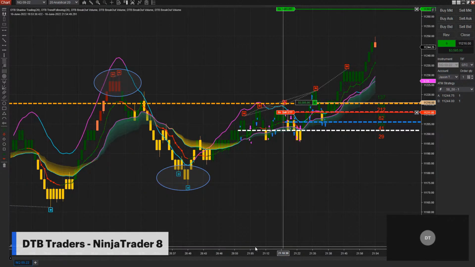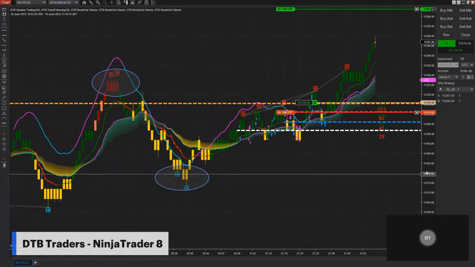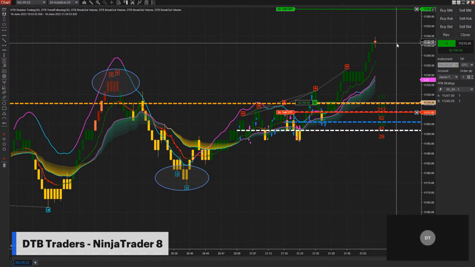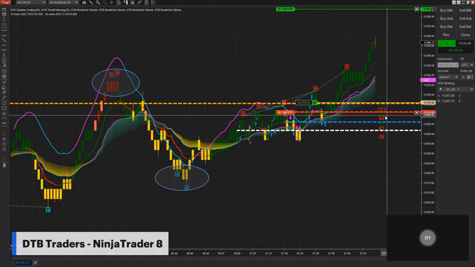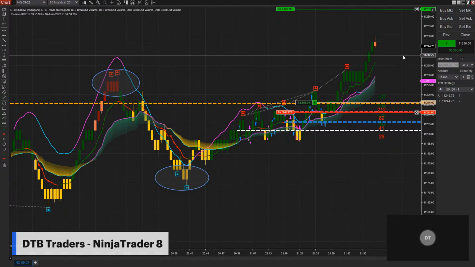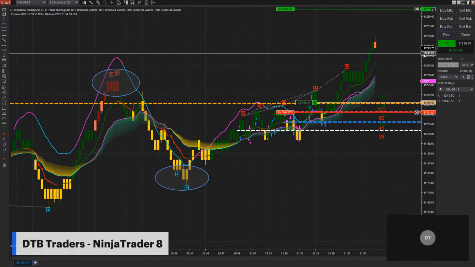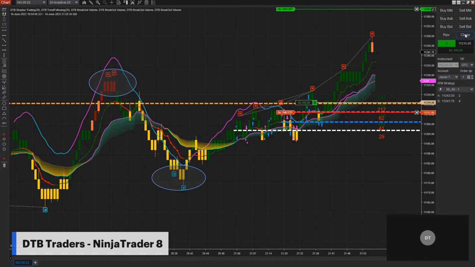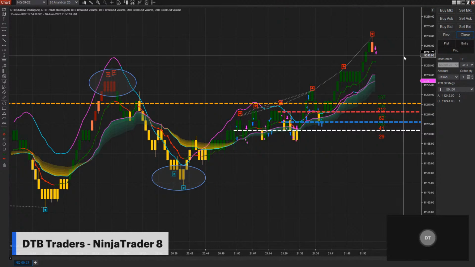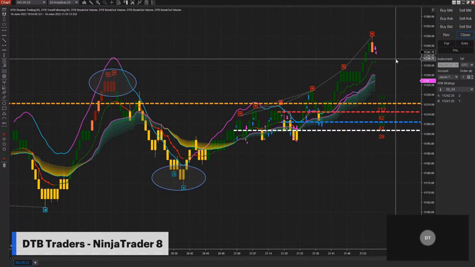So like over here, I probably will do that. I wanted to rely on this marker. That's ideally what I wanted to do. So let me just wait for this bar to close and then make a decision on that. Yeah, okay, I'll jump out there. I'm happy to jump out there.